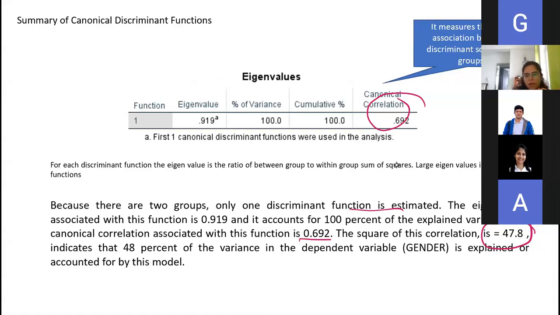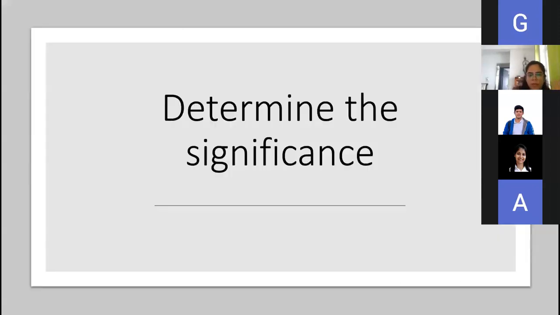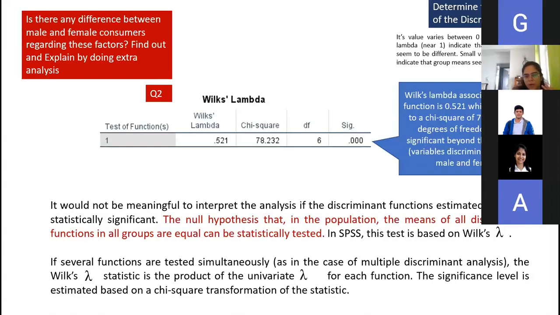You can't tell how significant this model is from this. For significance, you have to determine it through a different statistic, which is called Wilks lambda. So to identify whether there is any significant difference between male and female consumers regarding these factors, we check this Wilks lambda. And what is this Wilks lambda?